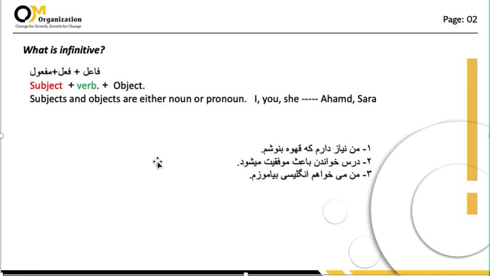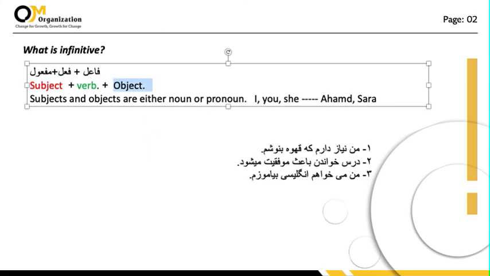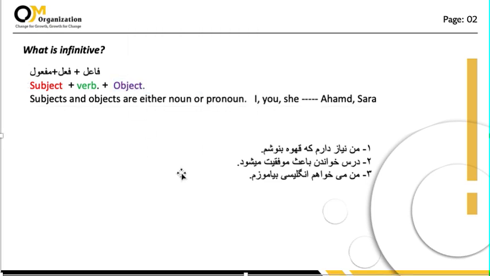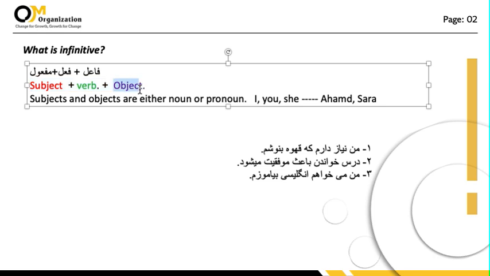فعل shows the action. And lastly we have the object. What is an object? Object is the taker of our action, or in Persian we call it مفعول. In Persian, گیرنده عمل.